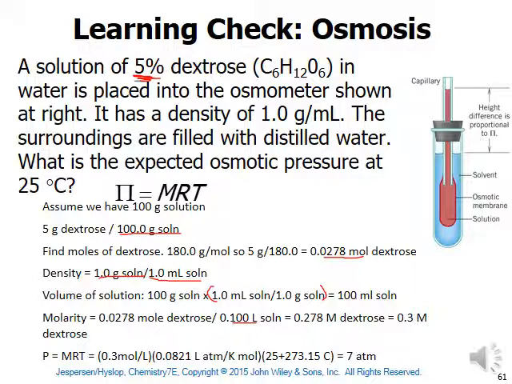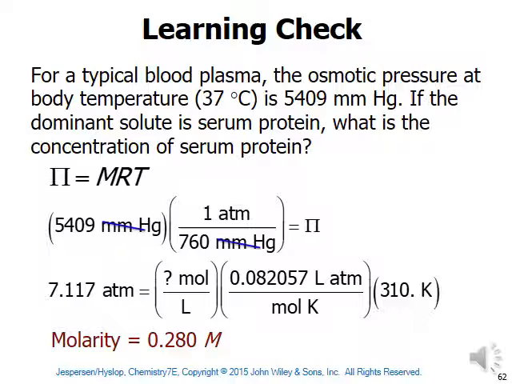Okay, 5% is our significant digits, so it's 0.3 molar. So plug everything in, 0.3 moles per liter times the universal gas constant times the temperature, and you end up getting 7 atmospheres. Here's your answer.